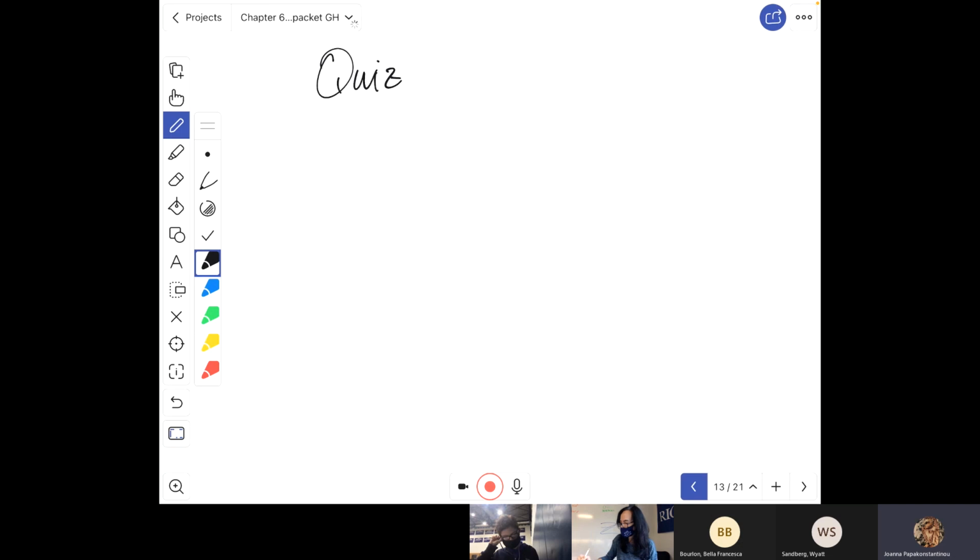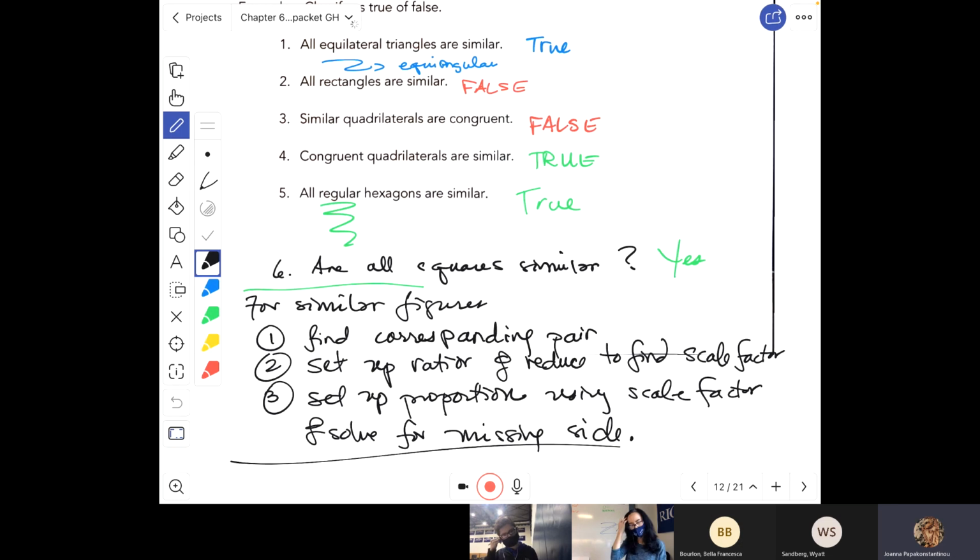Absolutely. If we look back on what we did on 6-4, 6-5, 7-1, 7-2, right? It doesn't necessarily set up the proportions. What's the word after proportion? Using a scale factor and solve for missing side.